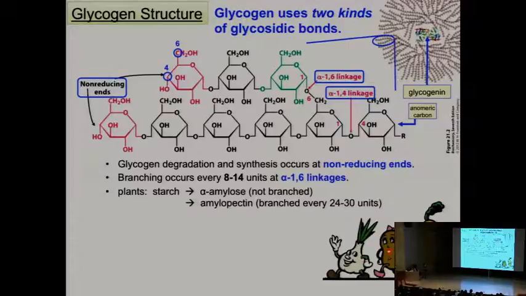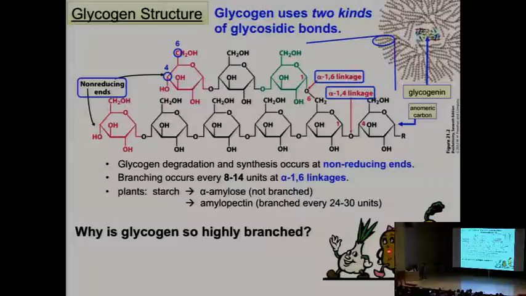And we can compare this to what's going on with starch. Starch is a mixture of alpha amylose, which is not branched, so it has all alpha-1,4 linkages. And then it also has amylopectin, which is branched, but only about a third or half as much as glycogen is. So why is glycogen so highly branched?